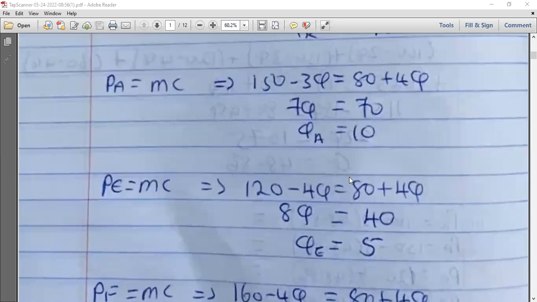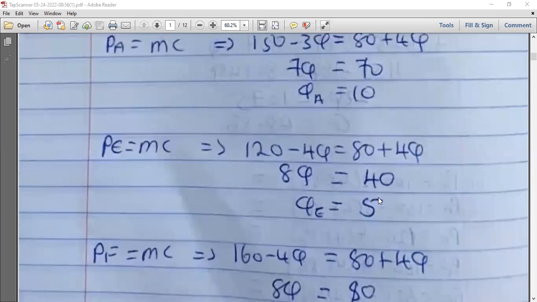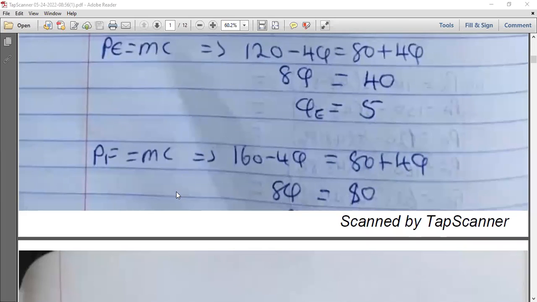So please, for the sake of time, when we do one or two, then we'll just jump to the final step since the procedure is the same. So you do it for PE, equate that one to the marginal cost as well. Then you solve for Q, we are getting 5. But the only thing is that for some, the demand function was in terms of Q. So you have to make P the subject in that equation.